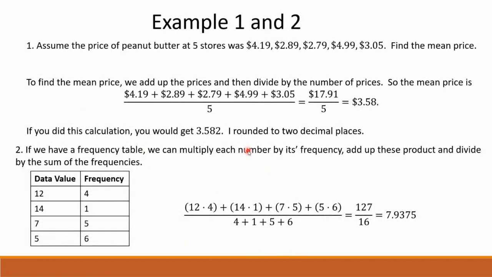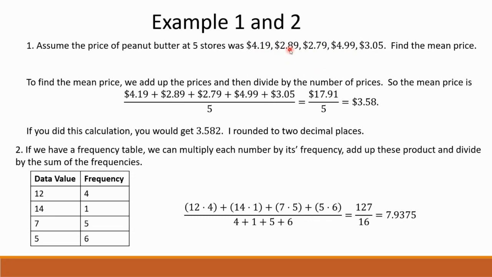Well, here's some others. Let's suppose you went to a store and saw the price of peanut butter. I think this might have been an example from the book. Let's say these were the prices. Find the mean price. Well, remember, these are quantitative. They're some amount, the amount of cost, how much it costs. So for the mean, you add them up and divide by the number of items.